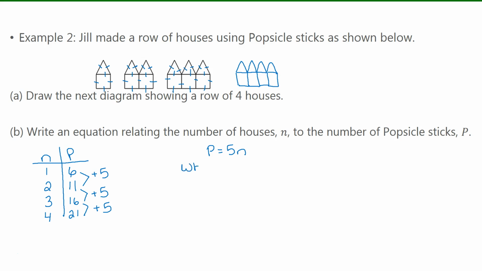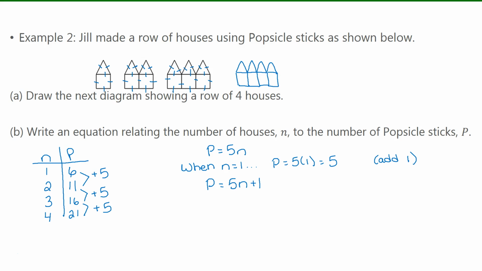So let's see, when n is equal to 1, we know that we should have 6 popsicle sticks. But 5 times 1 is 5. So in order to make my equation correct, I'm going to adjust it by adding 1 and saying that P is equal to 5n plus 1.